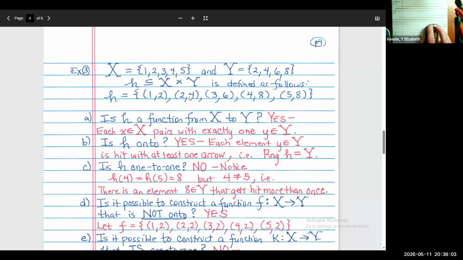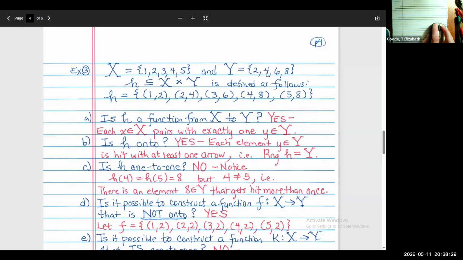So we look at the second coordinates. Is h onto Y? Did every element of Y appear as the second coordinate at least once? Yeah, so if we drew the arrow diagram, it would cover up Y. So it is onto.